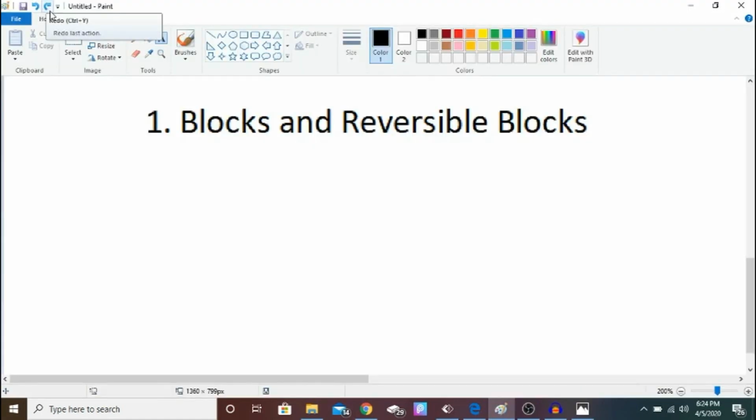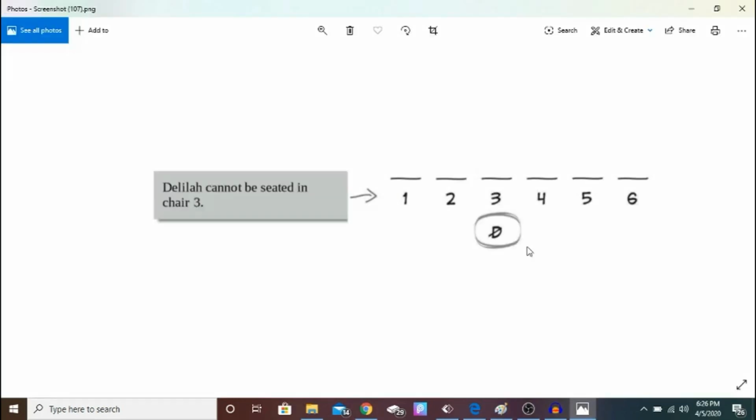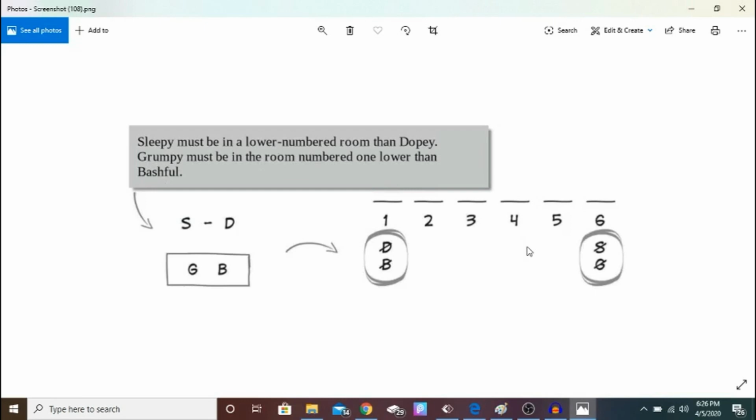The second ordering tactic is forming restrictions and its deductions. Rules will commonly dictate that a player cannot be placed in a certain slot, and you will symbolize these relationships underneath the allocated slot. For example, Delilah cannot be seated in chair 3. You can form these restrictions from blocks and dashes as well.